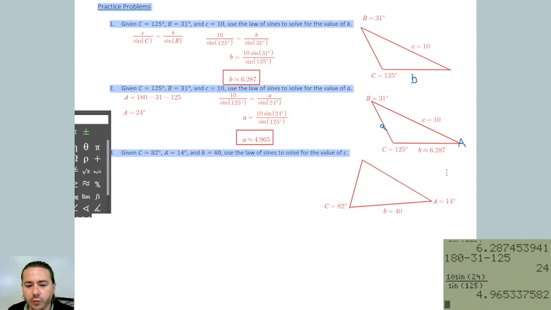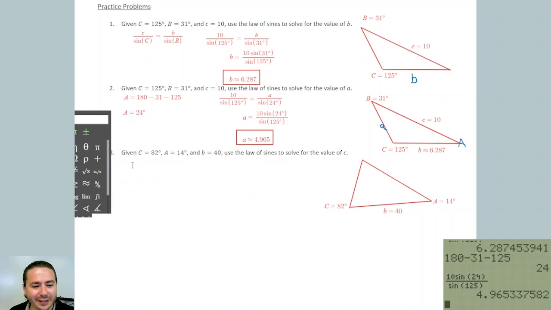All right, so really what we need is angle B here, so we can have this pair and use the law of sines to find the other two sides. So let's find that missing angle here.